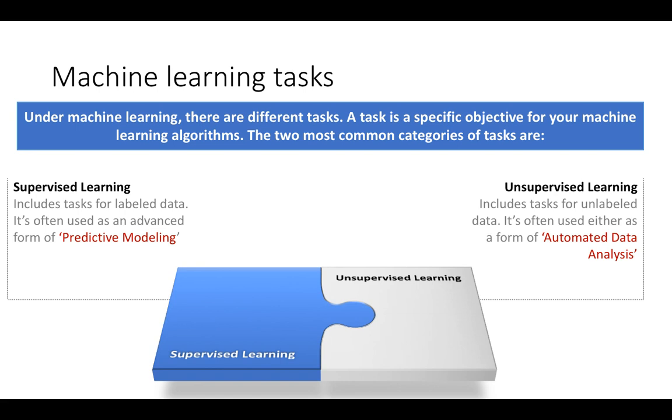So what is unsupervised learning? Unsupervised learning includes tasks for unlabeled data. If your data set doesn't consist of the ground truth, it doesn't consist of your target variable, then your ML models cannot learn from those ground truths.